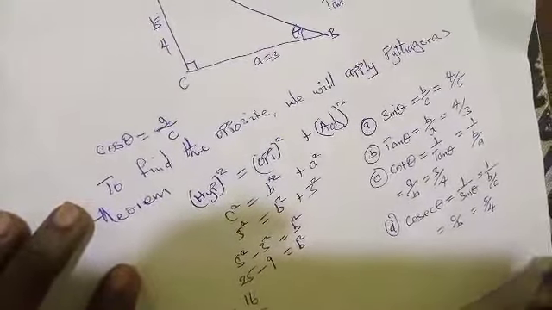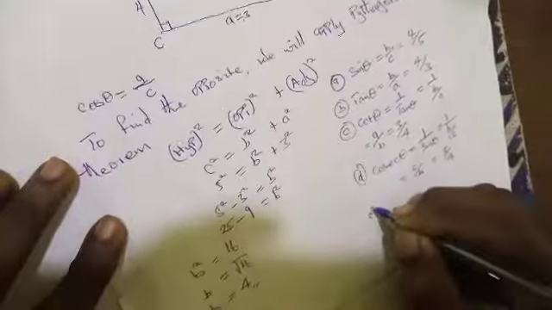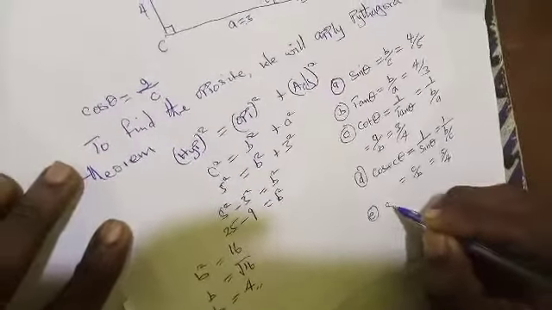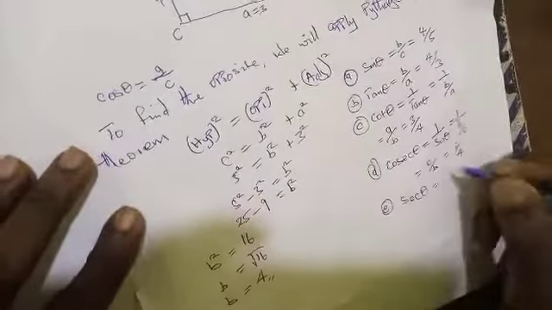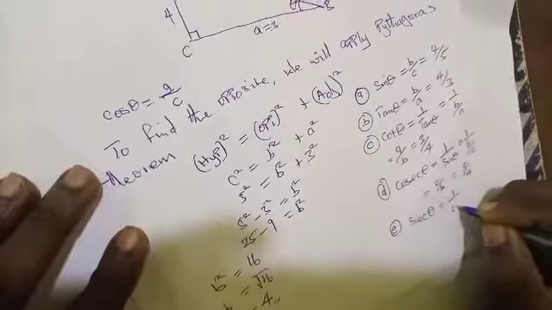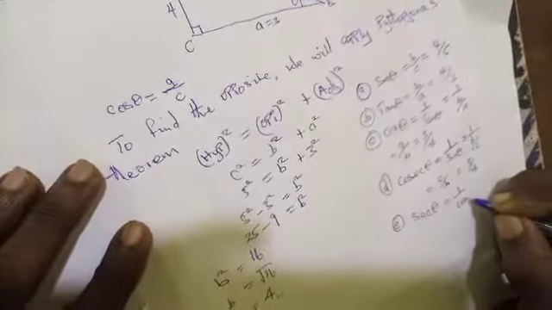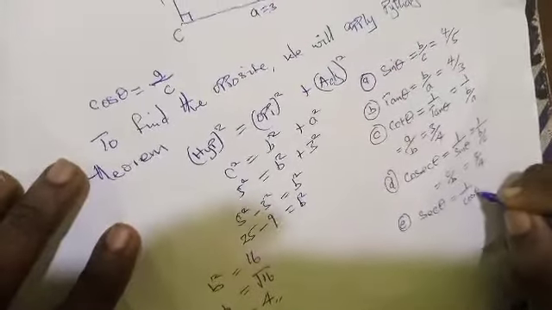Last but not least, we have sec theta. Sec theta is 1 over cos theta.